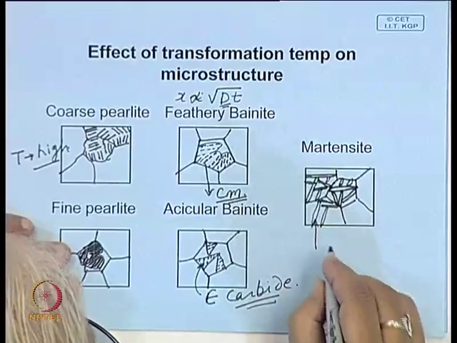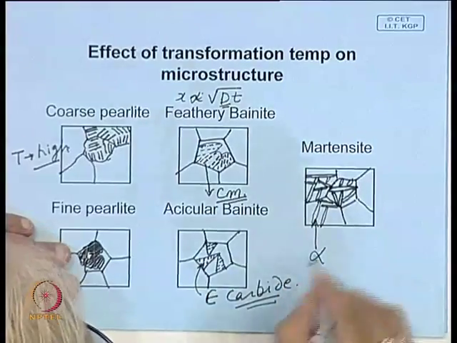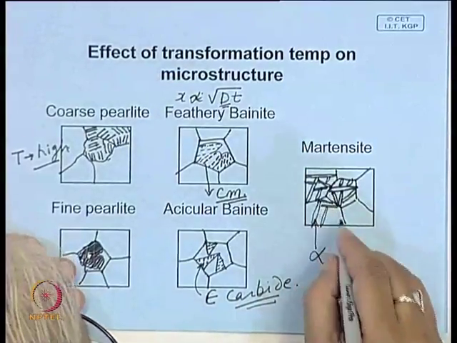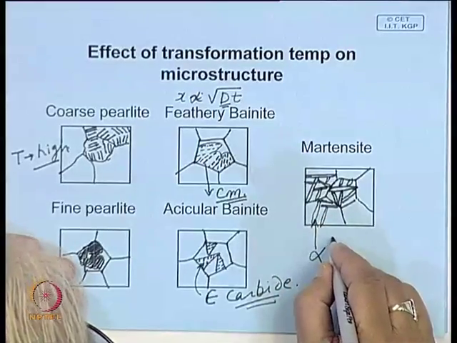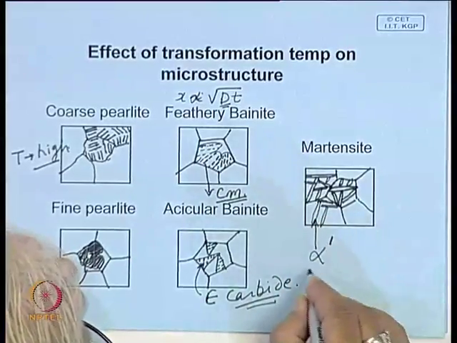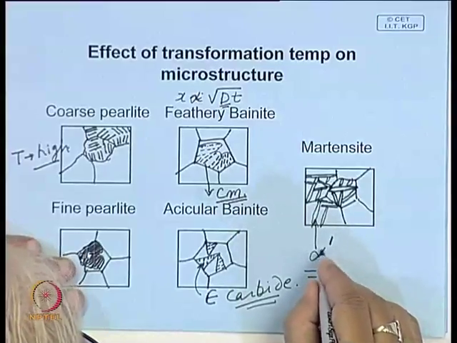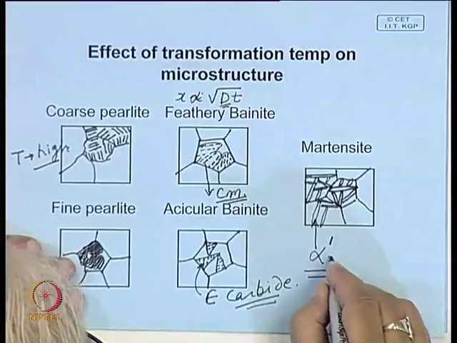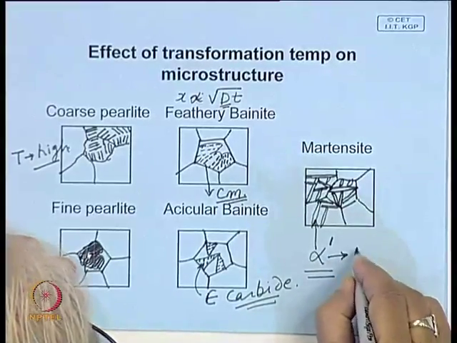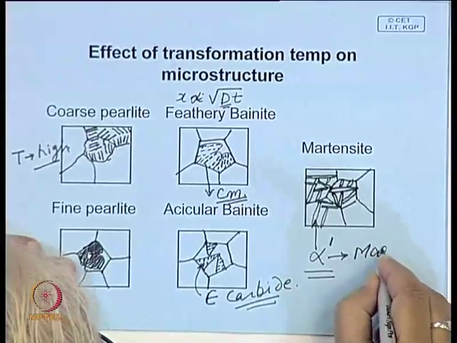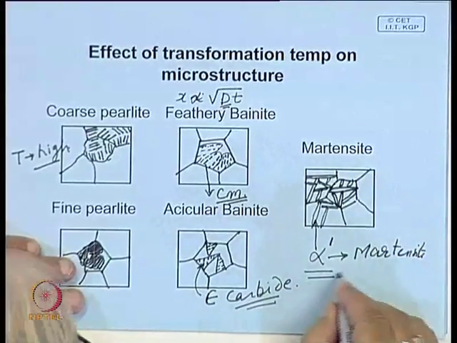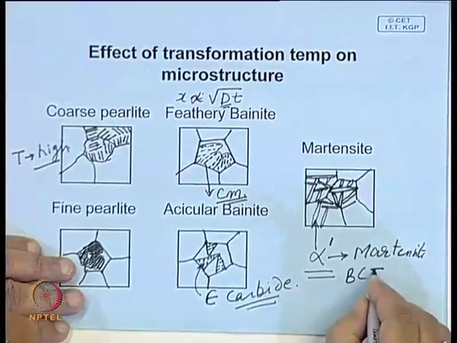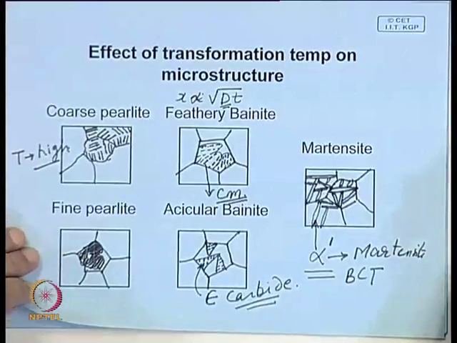These are called needle like, and they are all BCT structure, each with its own character, a different orientation. We name it alpha prime, and this is called martensite, and it has a body centered tetragonal structure.